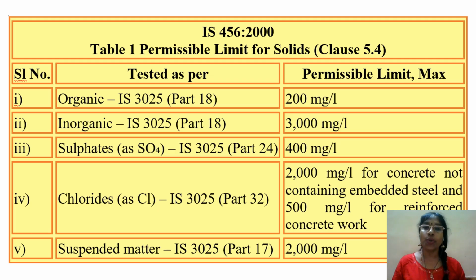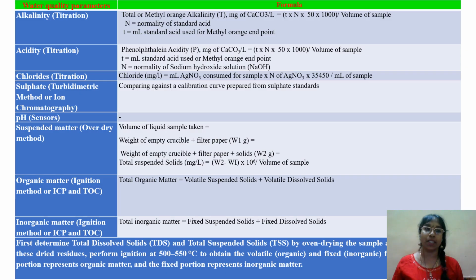Now, how to analyze all these parameters? Alkalinity we will do by titration. Acidity we also do by titration. Here is the formula for how we converted. For alkalinity they have given 25 ml of consumption of the acid. In such a case, how much is the alkalinity? We have identified 250.